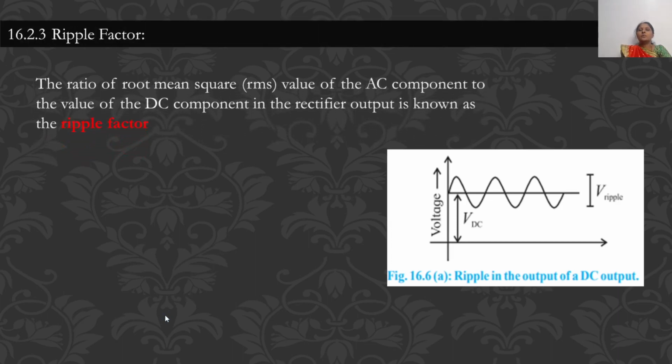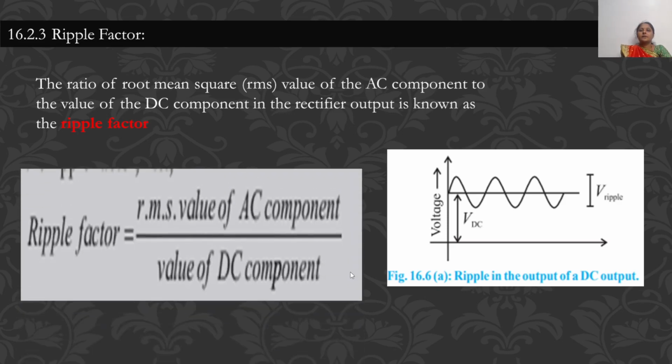The ratio of the root mean square RMS value of the AC component to the value of the DC component in the rectifier output is known as the ripple factor. Ripple factor is equal to the RMS value of the AC component divided by the value of the DC component.